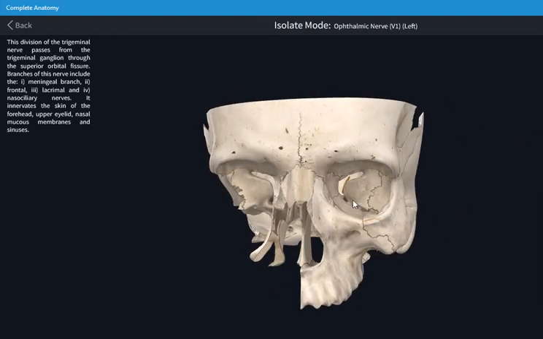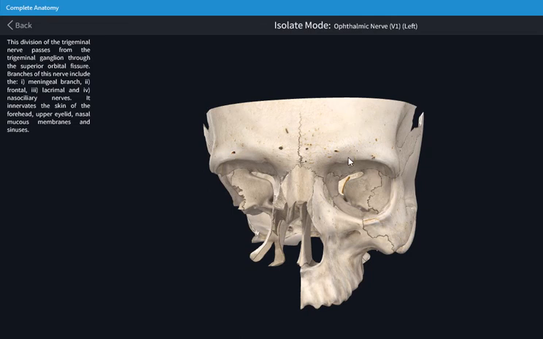Now, the ophthalmic portion is going to divide into three main parts. It's going to give one frontal nerve here. It's going to give a lateral part here, which is going to be called the nasociliary, and a lateral part called the lacrimal nerve.